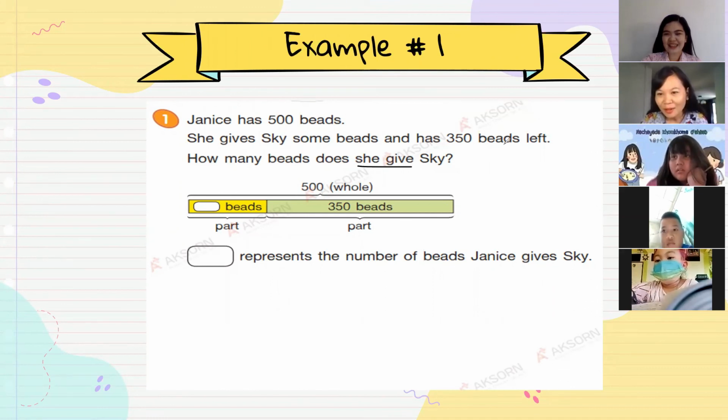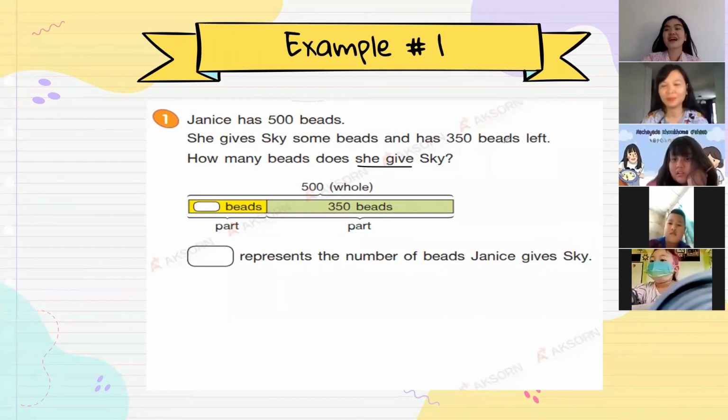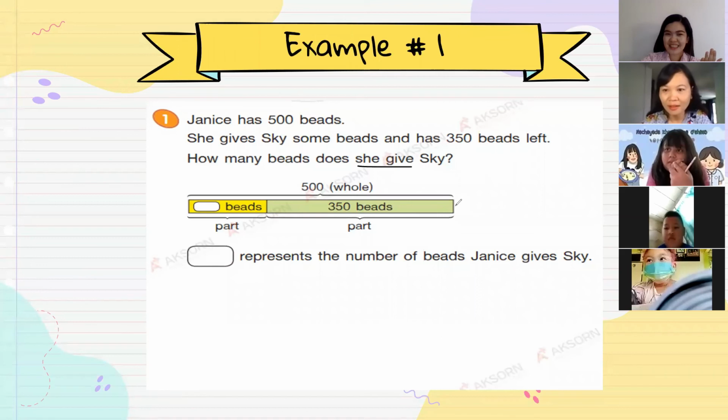Again, Tanika again. Minus. Okay, so teacher, you finish. Yes. Okay, so this is the whole beads that I have.